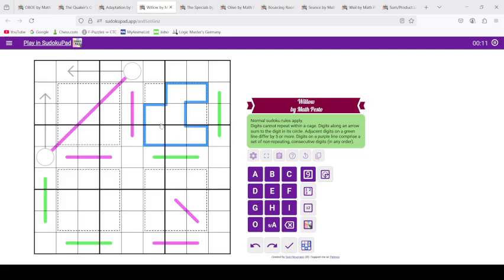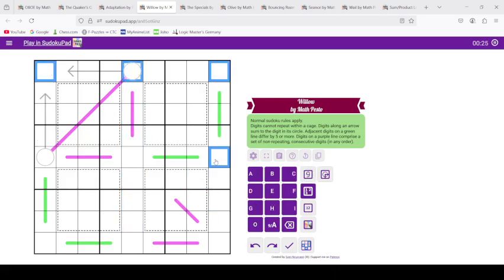And this is a Windoku puzzle, so digits cannot repeat along these windows, as well as this being an extra set. Should I prove that, or do you guys care?